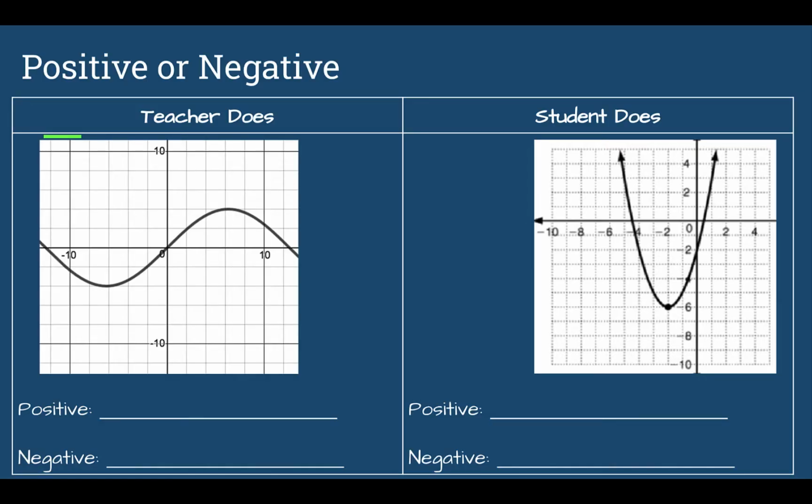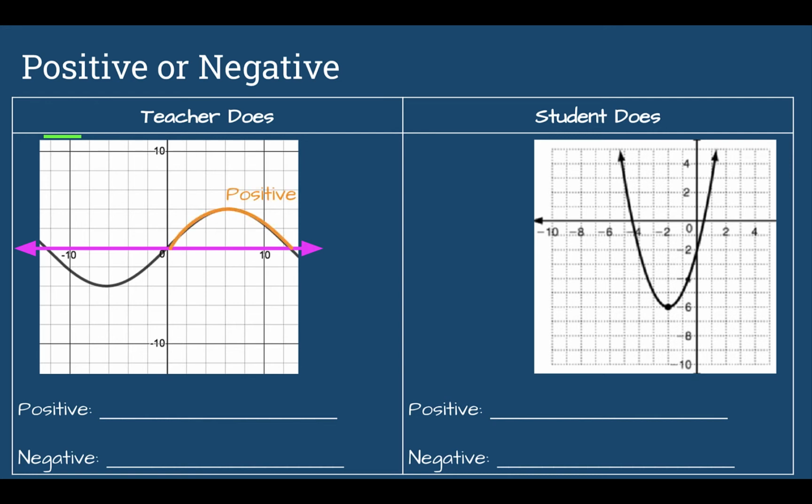Let's look at some graphs without context. And here we're going to need to identify the interval, so our boundaries, like we saw with average rate of change, for when they're positive and negative. So let's start with positive. First, I'm going to indicate here where the axis is. So above that line is positive, below that line will be negative.